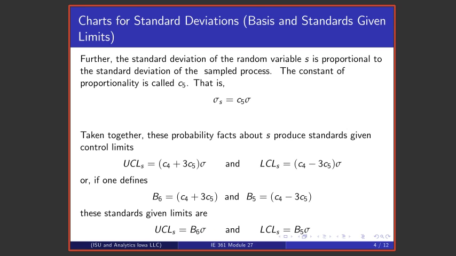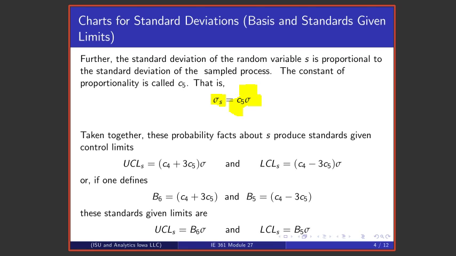In addition to that, it turns out that the standard deviation of the sample standard deviation, that is how variable are sample standard deviations, is proportional to the population spread or the population standard deviation, and the constant of proportionality is something that can be computed and tabled and is called little c5.